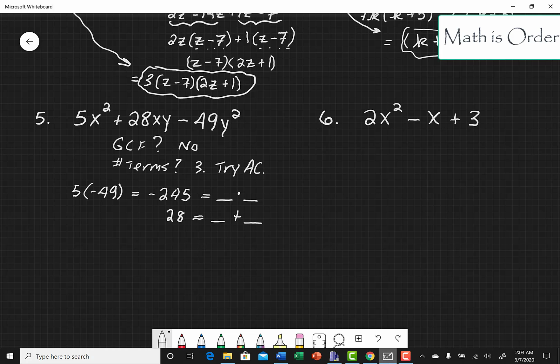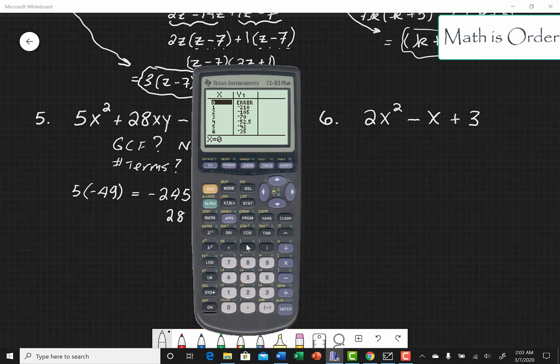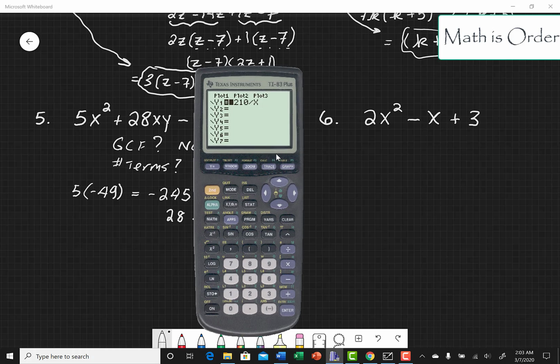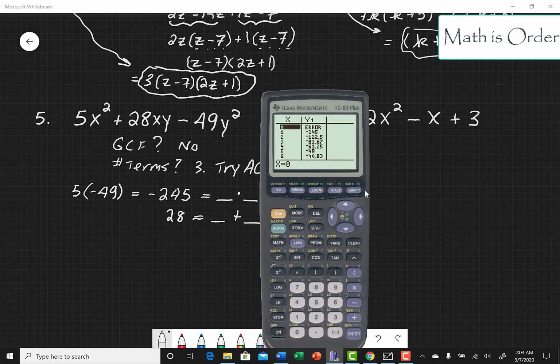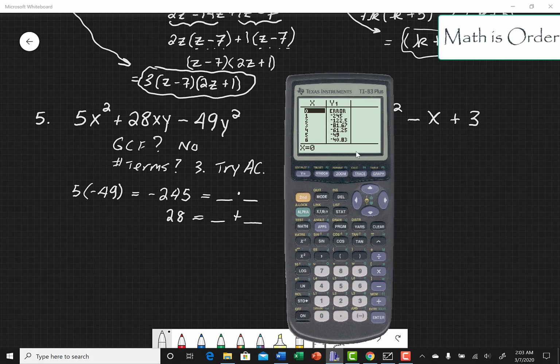And again, the calculator comes in handy here. This time y equals negative 245 divided by x, and then we go to second table or graph, and it gives us all of the factors of negative 245, and we need the one that adds up to 28.